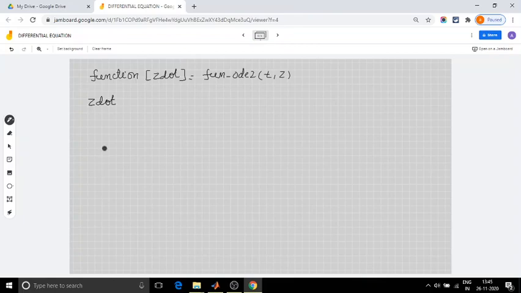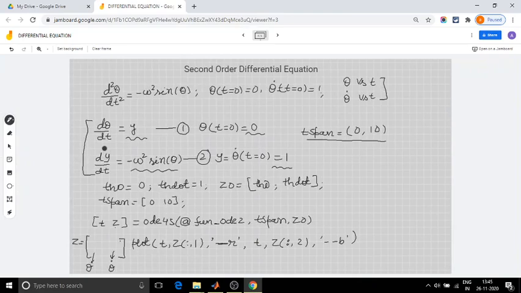Easily you can write z dot is having some function, and the first function is what? So when you are going to solve any second order differential equation, you are going to assume this one. So your first function will always be this one only. So first is theta, and second is basically y.